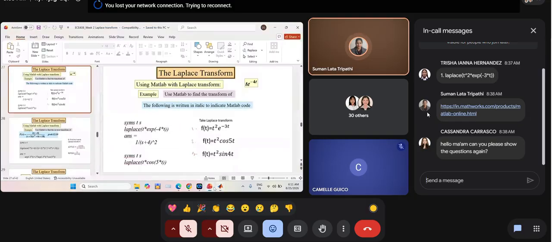Laplace is the keyword for changing from the time domain to the frequency domain, and for inverse Laplace it is ilaplace, but for that you have to first switch back to t, s to t over there. So the first question is t square e to the power minus 3t.